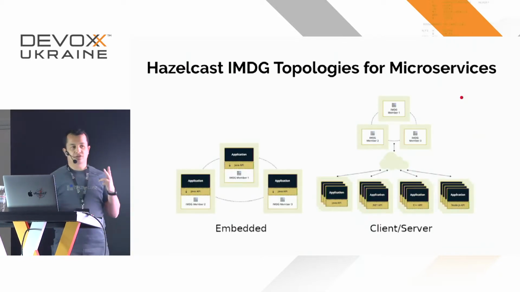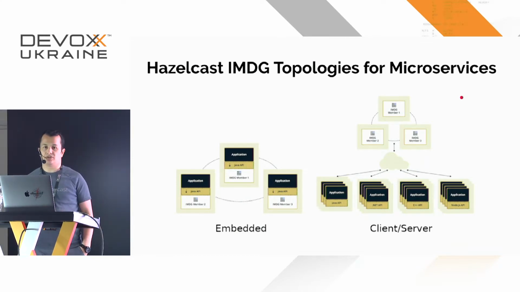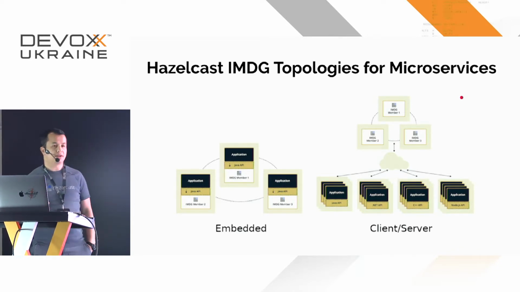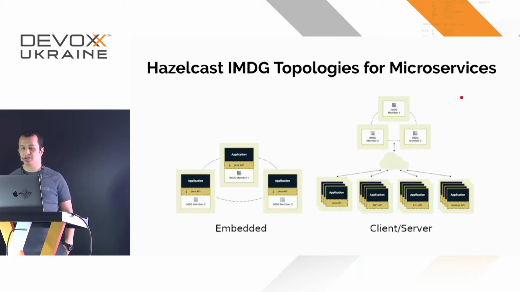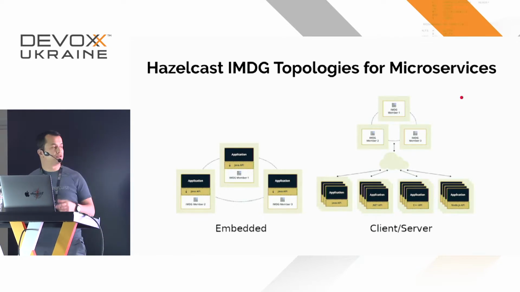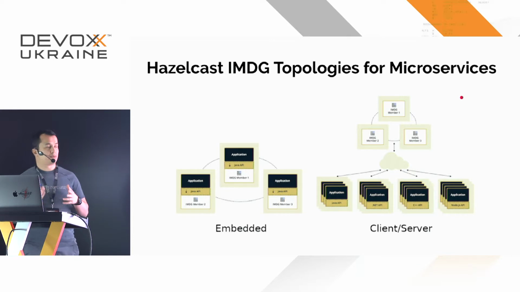Firstly, there are two topologies that we can mention when you are using Hazelcast. The first one is the embedded one. You can use Hazelcast as a dependency of your application. When we are talking about microservices here, you can add Hazelcast as a dependency to your microservice.